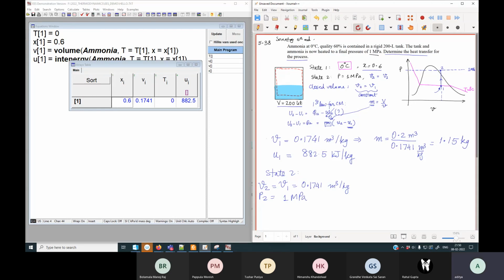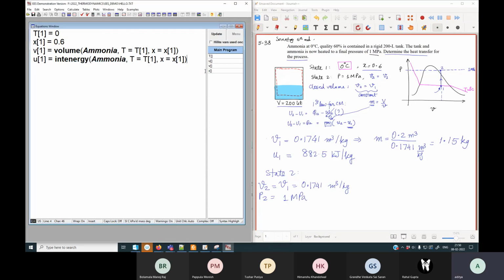So we precisely know what the two endpoints are. Now I can write down P2 is equal to 1000, because we must input it in kilopascal, and we will write down V2. Let me just do it the old way, like you don't know anything about EES, you just want to fetch properties. I'll simply write V2 as 0.1741.